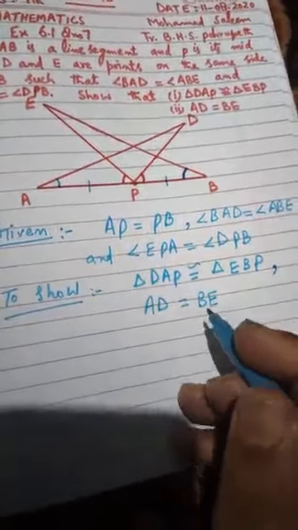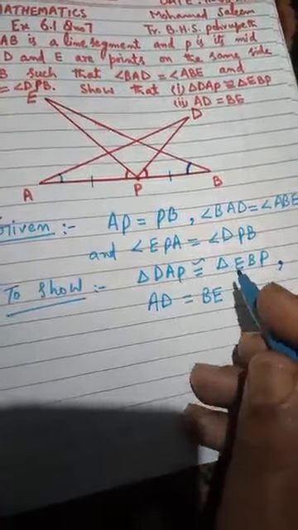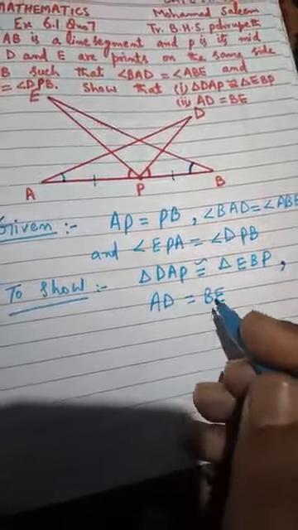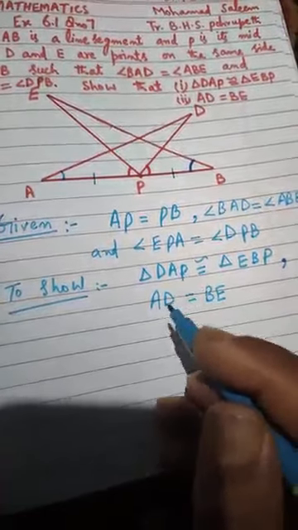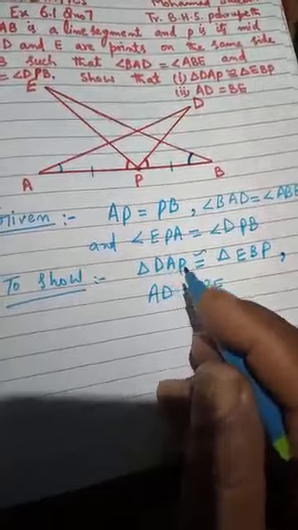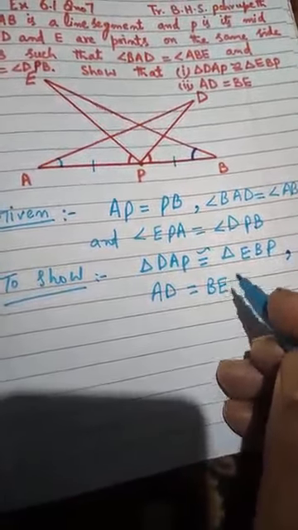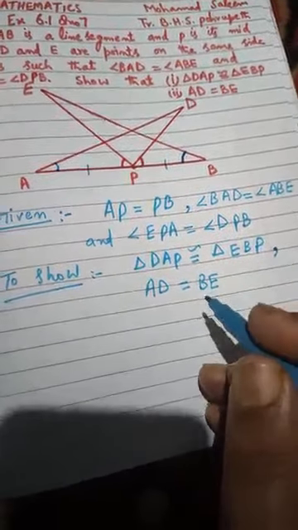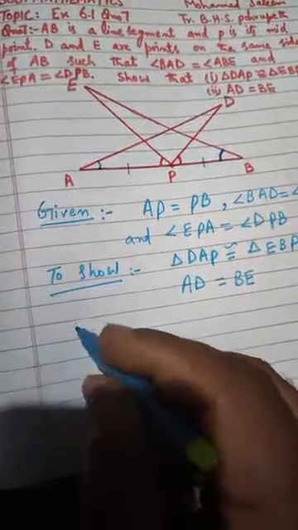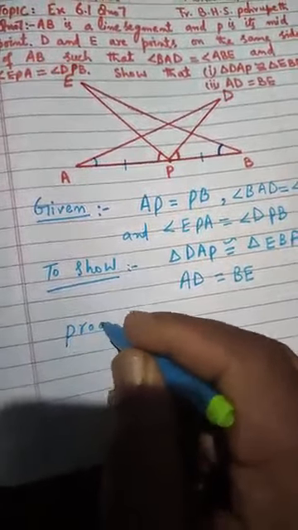As I have already told you, if these two triangles are proved congruent, these two sides will also be equal because of CPCT, because AD is a side of triangle DAP, and side BE is one of the sides of triangle EBP. So we have to give the proof of our question number 7.